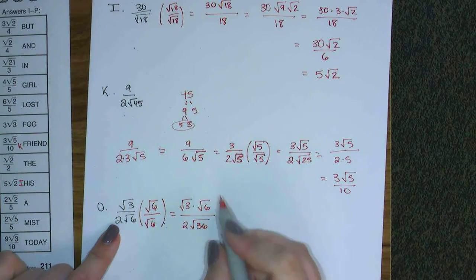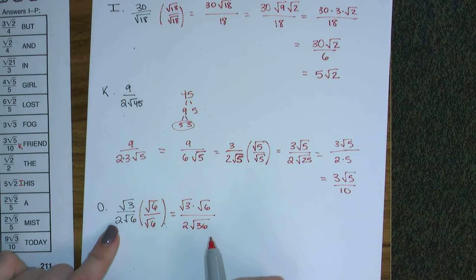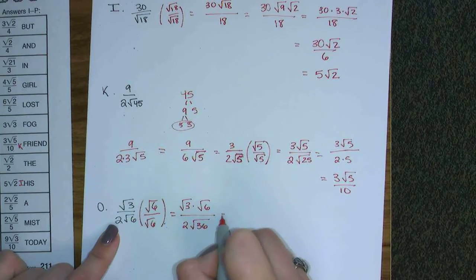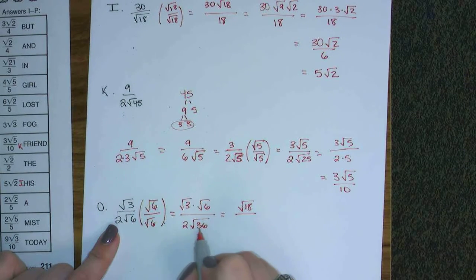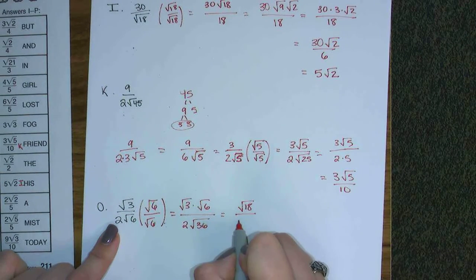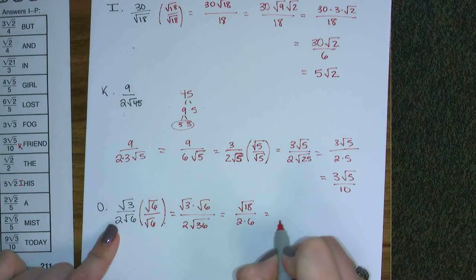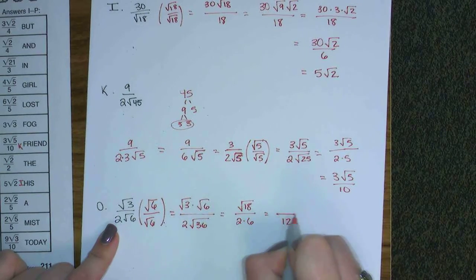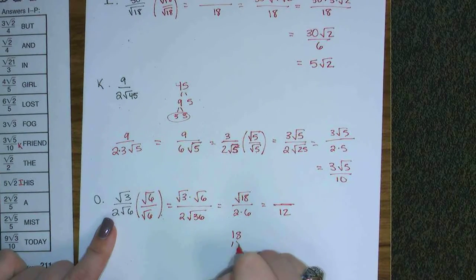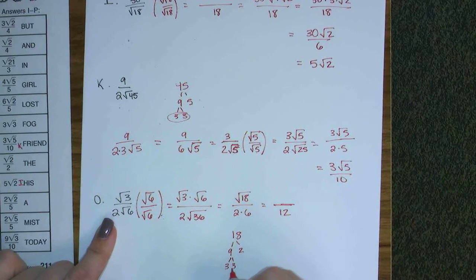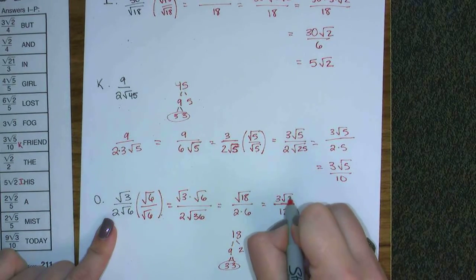Okay, 3 times 6 is 18, so the top is really the square root of 18, over 2 times the square root of 36 is 6, so 2 times 6, which is 12. But now, okay, on this top here, 18, we already have done this one, but 18 can be divided up into 9 and 2, and 9 is 3 and 3. So I can pull out a 3, so 3 root 2.